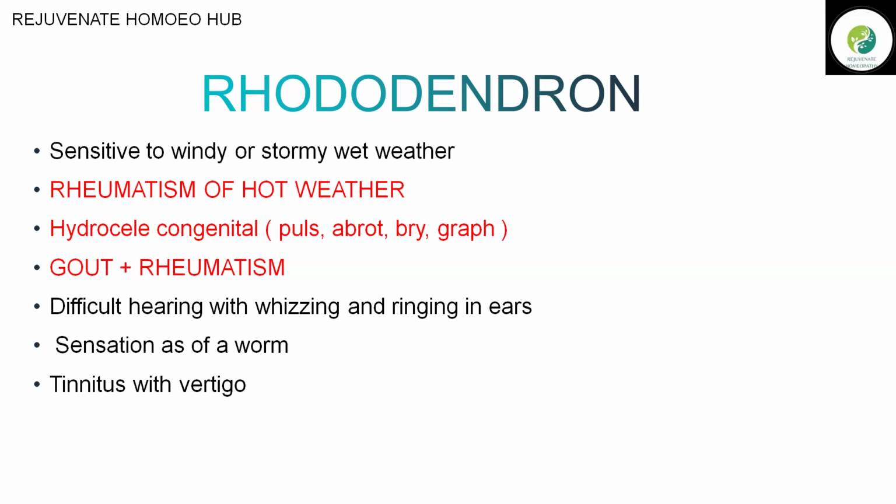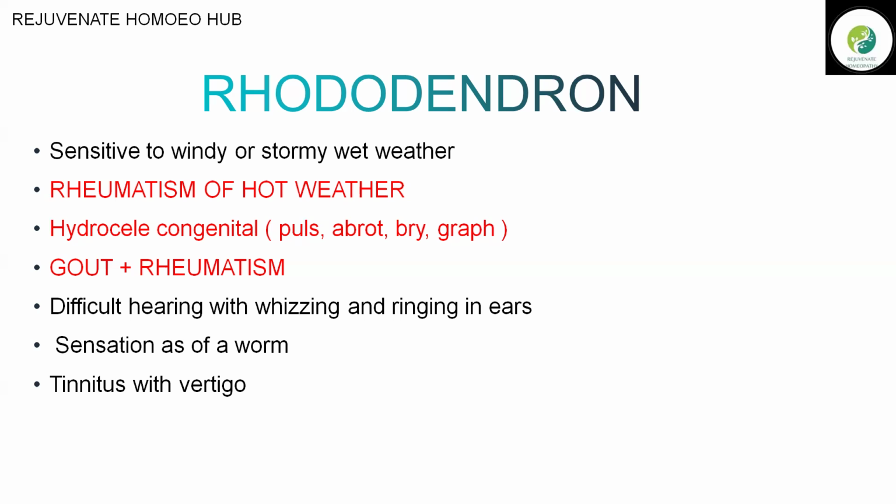Graphites, right? Graphites is a remedy in congenital hydrocele, and you can think of graphites with skin eruptions where the skin has a very honey-like sticky discharge. And even blackish discoloration with skin complaints, graphites, because the doctrine of signature of graphites is blackish discoloration.